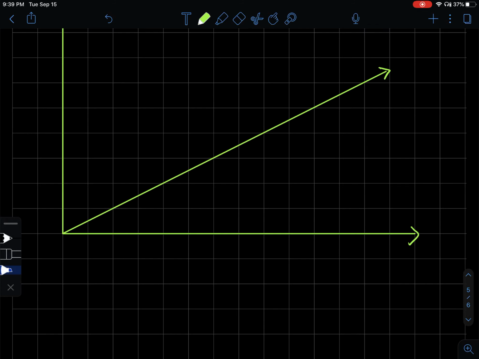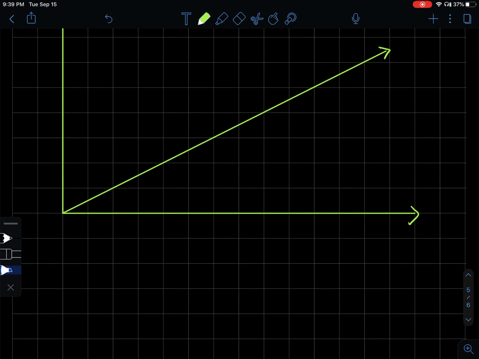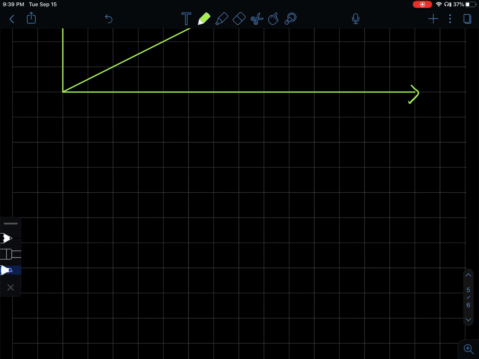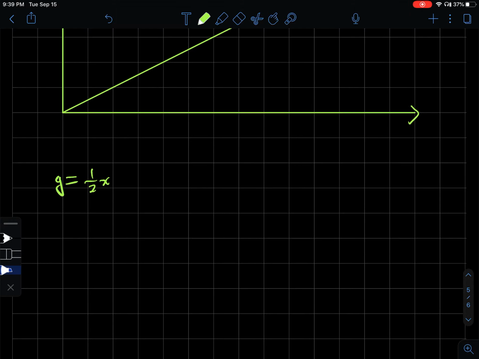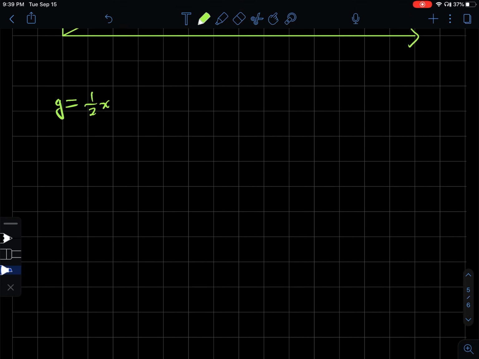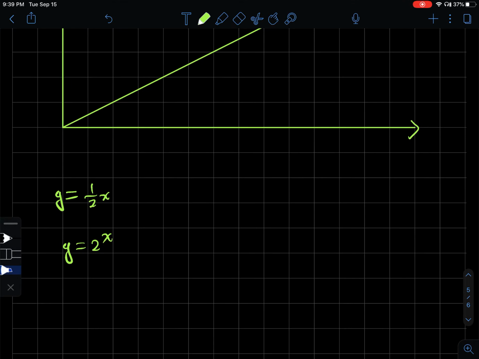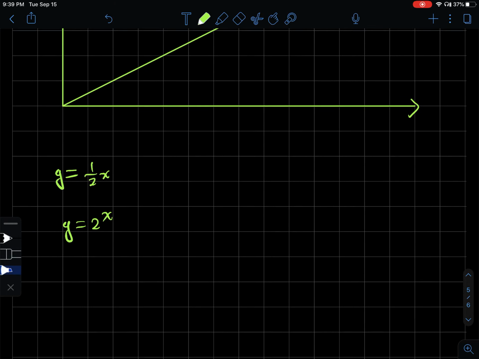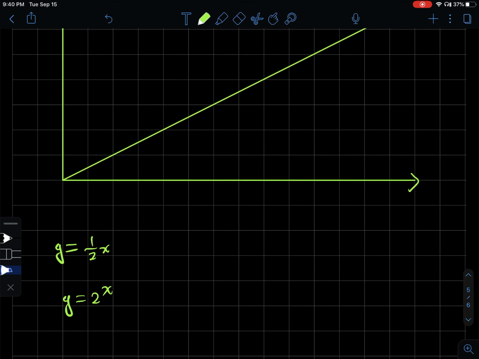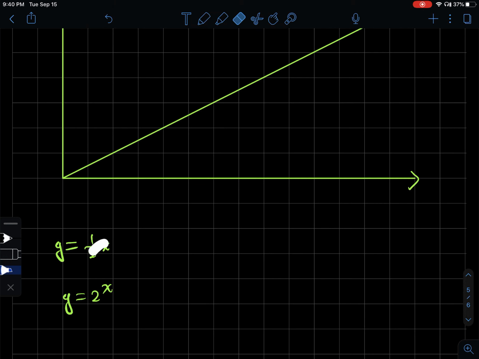right? Now, this line has equation y equals 1/2 x. That's the equation of this line. Now, let's say we had an exponential function y equals 2 to the power x. Or actually, instead of y equals 1/2 x, let's just do x.